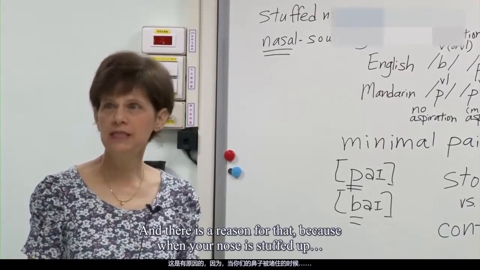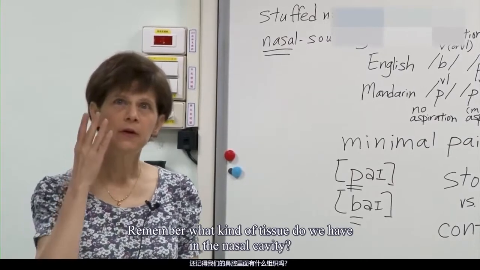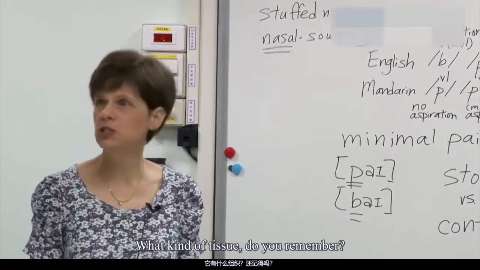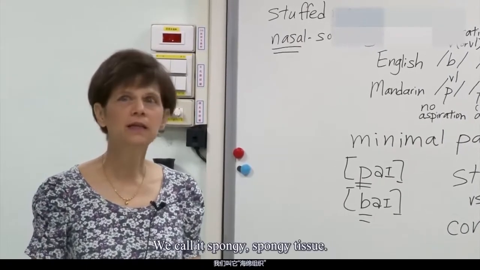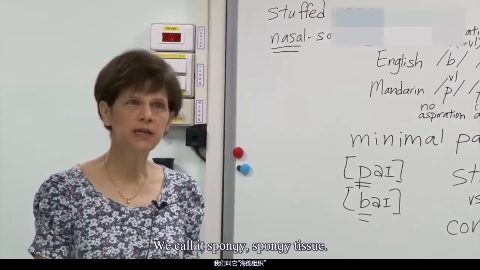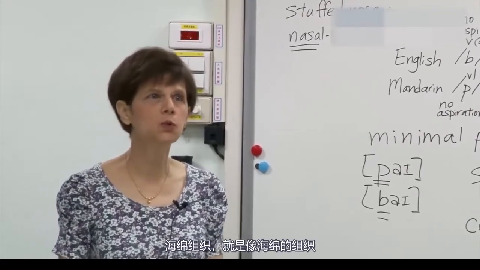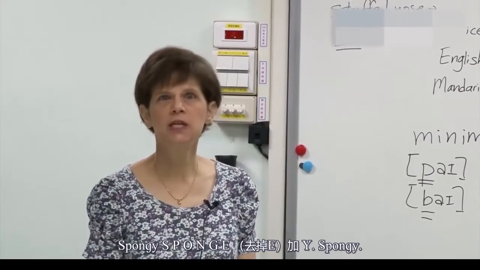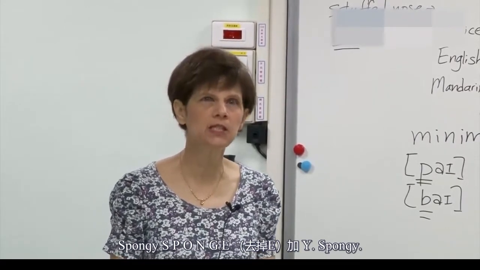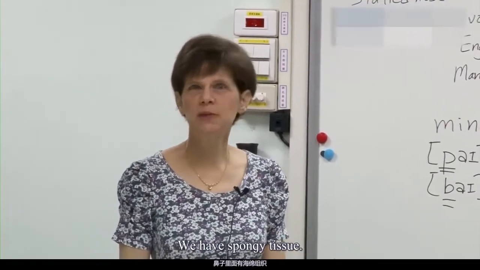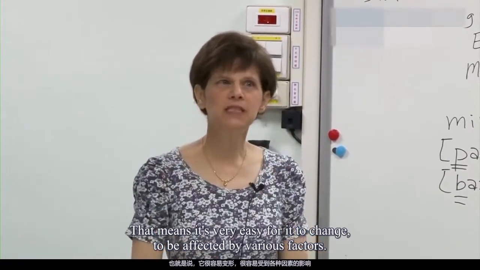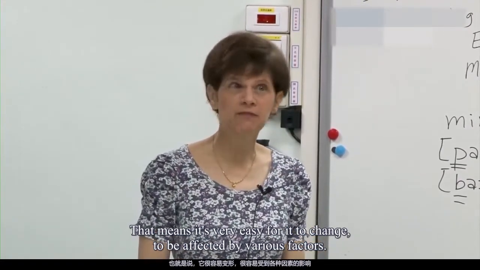Because when your nose is stuffed up, remember what kind of tissue we have in the nasal cavity? We call it spongy tissue, 海绵组织，就是像海绵的组织. Sponge, S-P-O-N-G-E 加 Y, spongy. That means it's very easy for it to be affected by various factors.